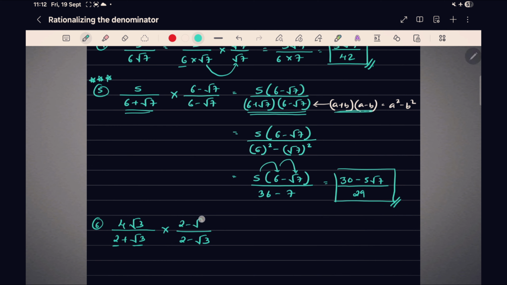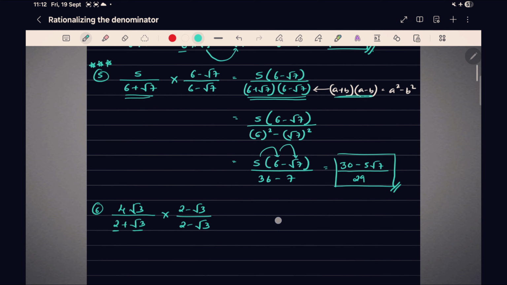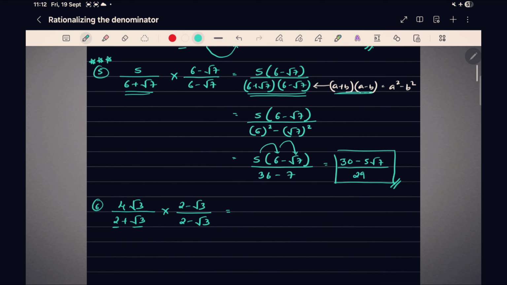So numerator also 2 minus root 3, which will lead to the formation of 4 root 3 into 2 minus root 3. Please be very careful. 4 root 3 is not getting multiplied to only 2. It is going to get multiplied with root 3 as well.